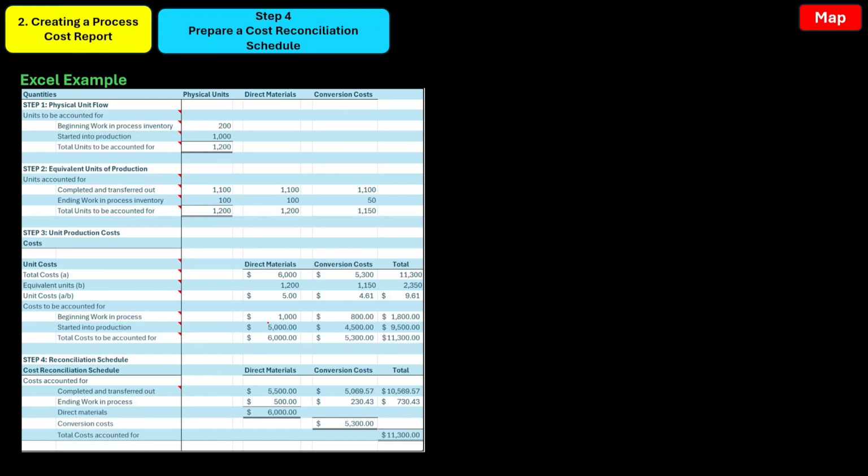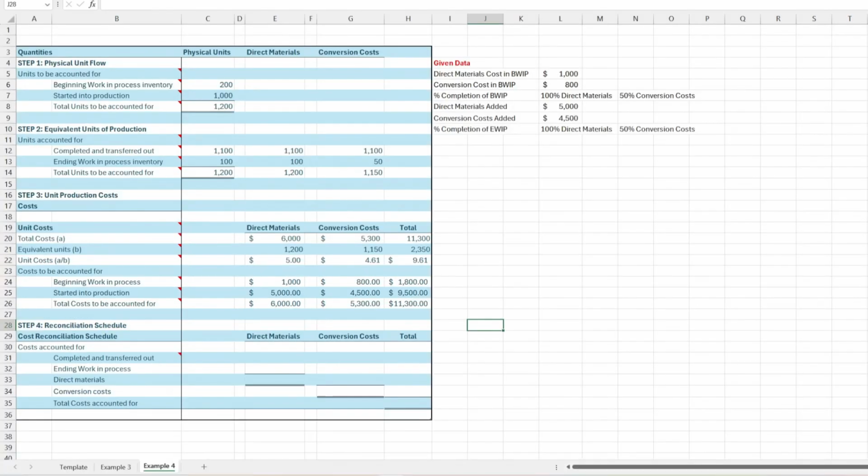So here I'll show you the Excel example. All right, guys, so we're going to do our Excel example for step number 4, the reconciling schedule. Here we're going to start with the direct materials completed and transferred out. So what we're going to do is do an equal sign and then find under direct materials completed and transferred out.